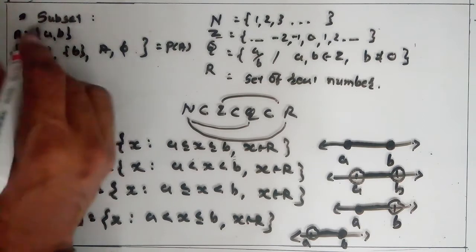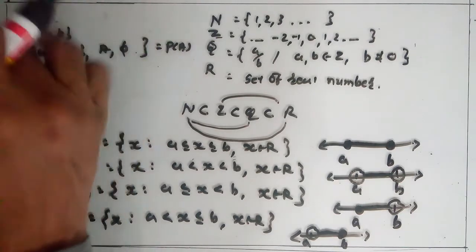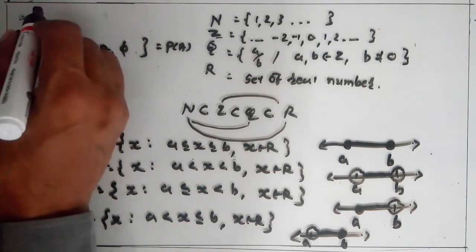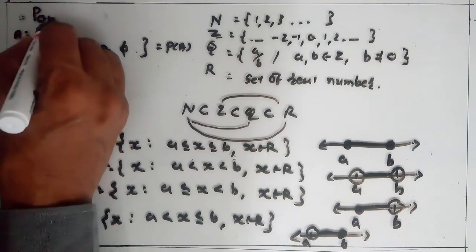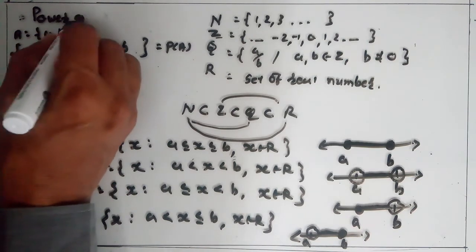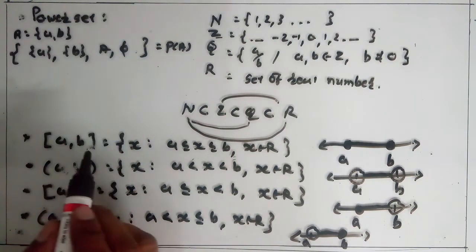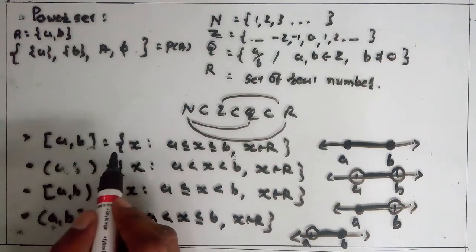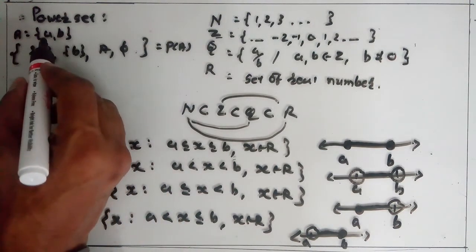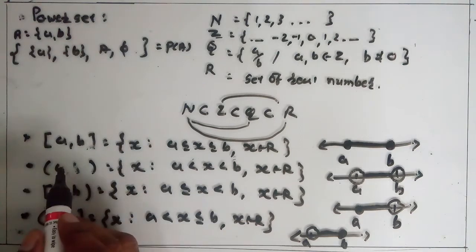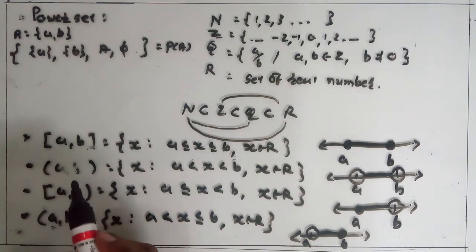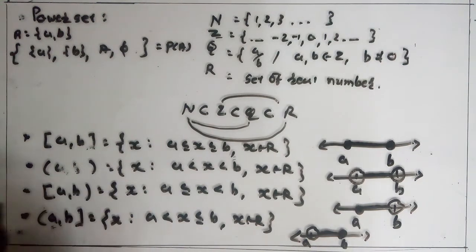So remember this about the power set of A. The set of all subsets of a given set is called the power set of A. Remember this. Clear?